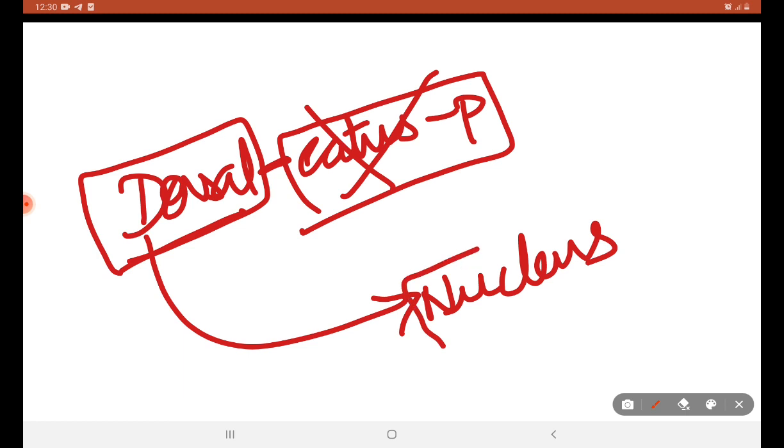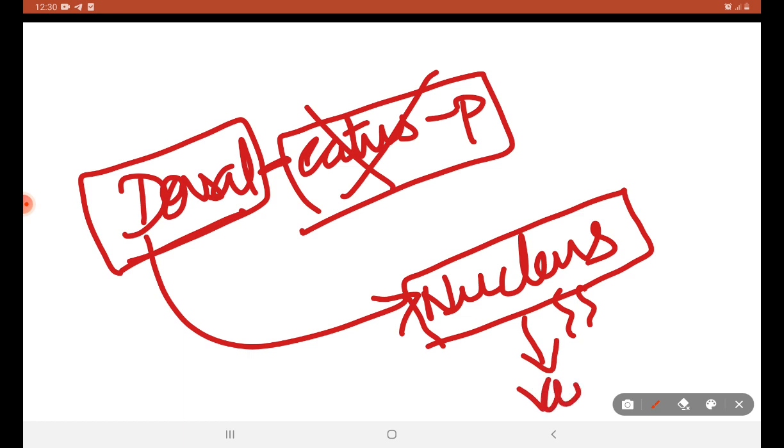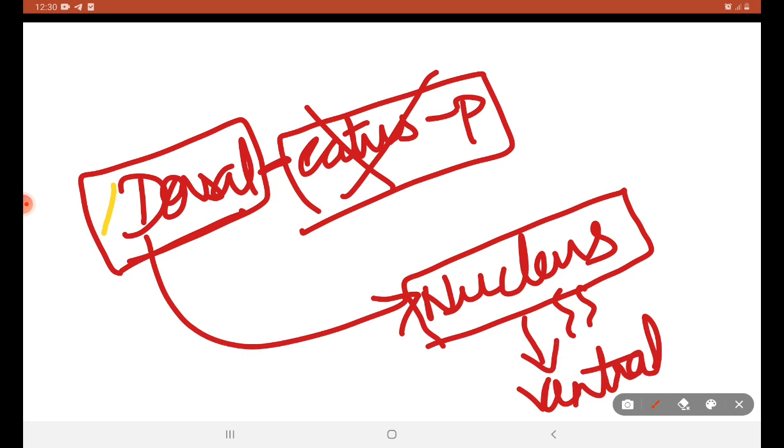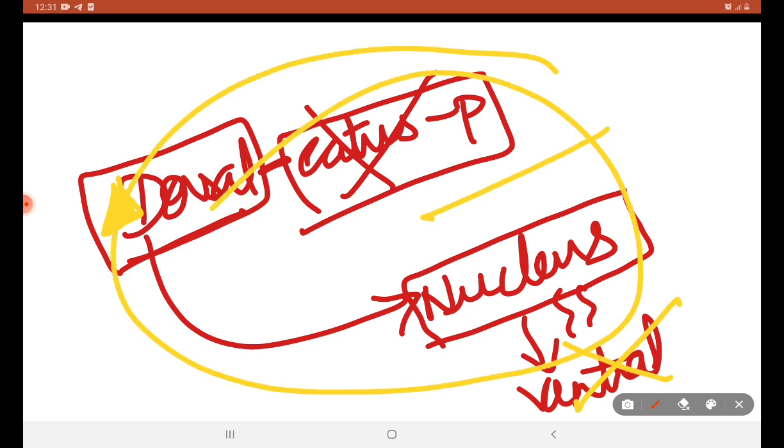If dorsal protein enters into the nucleus, it transcribes and translates, and it will give rise to ventral fate. This is the actual concept. Now this question is asking, if the dorsal protein is mutant, what will happen? Ventral fate will not be formed and the entire egg will be dorsalized.